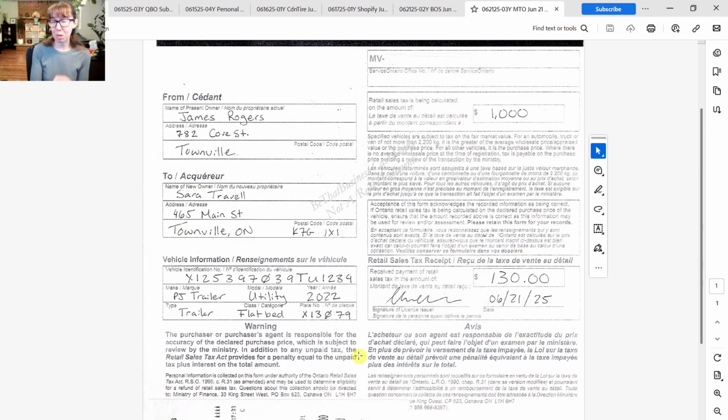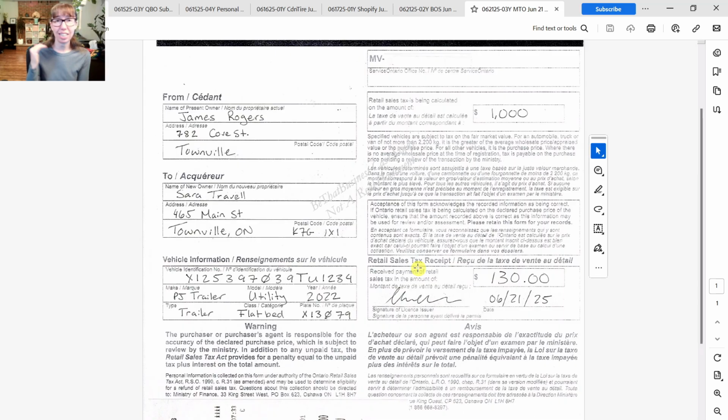CRA, the federal government, is not going to see any of this sales tax in their coffers. And because of that, the business cannot claim the retail sales tax on this purchase as a GST HST input tax credit. We cannot claim this sales tax.